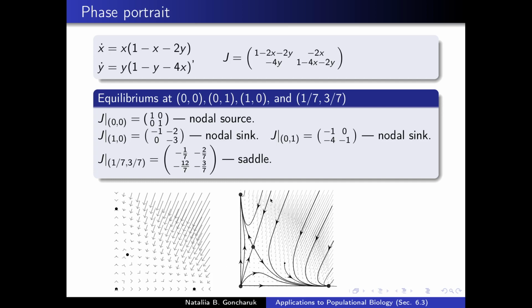There is one, or actually two, exceptional phase curves. They are the separatrices of this saddle, this line. When you start here, it looks like you can tend to this unstable equilibrium, and it seems like the species can coexist, because x and y will tend to some non-zero value. But this is not right, because if anything happens to your animals when you follow this trajectory, then you move either this way or this way.